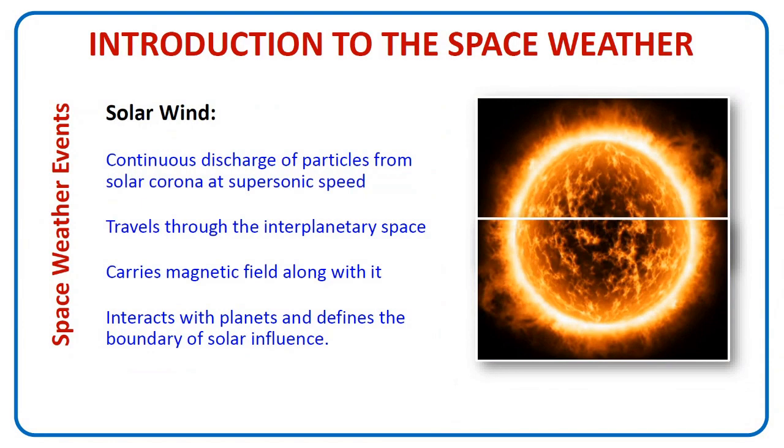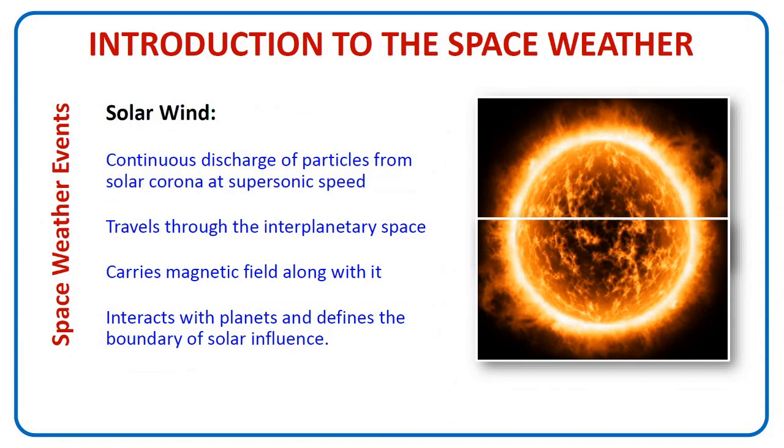At that location, typically the solar wind velocity is around 300 to 600 kilometers per second, and sometimes becomes 600, 700 kilometers per second. This is the velocity with which the charged particles travel through the interplanetary space at the location of the Earth.